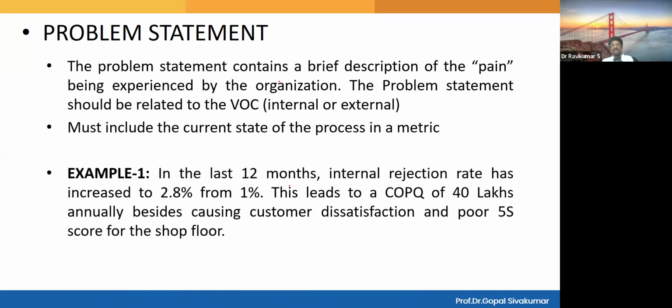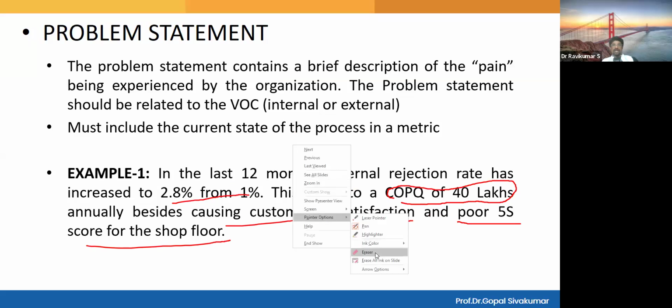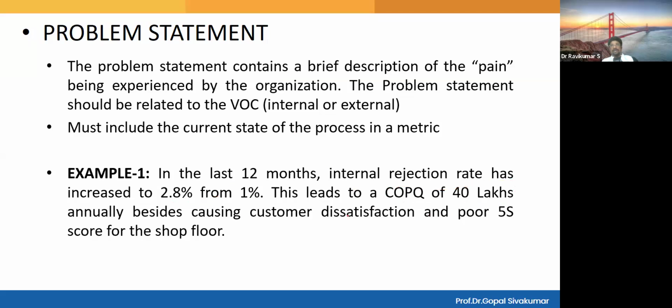So here you can see the rejection is 2.8 percent. Because of that, the cost of poor quality is 40 lakhs. It may be internal or external. Apart from that, customer dissatisfaction is increasing, and a poor shop floor score is also reflected.